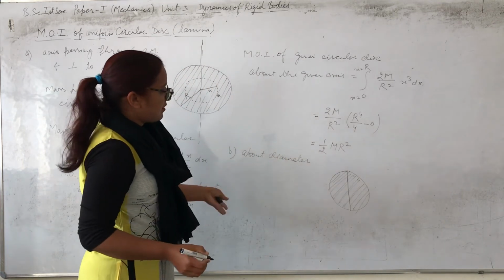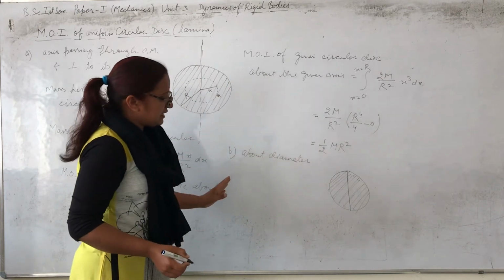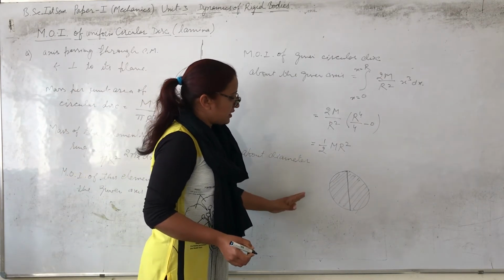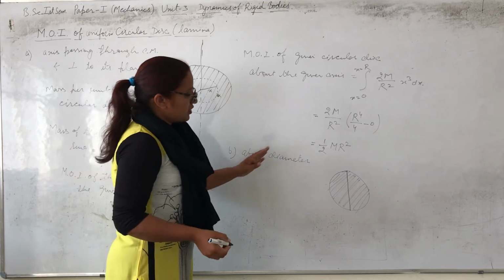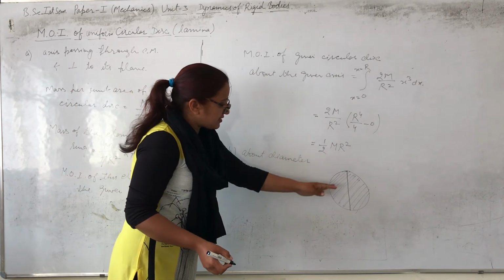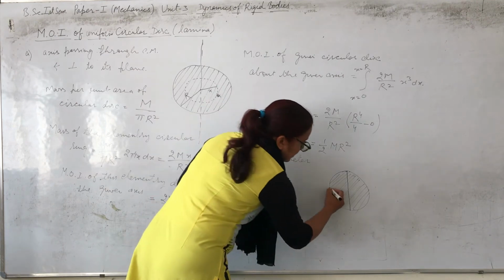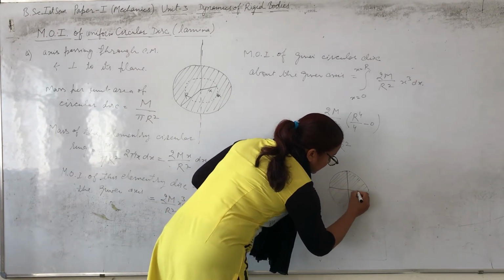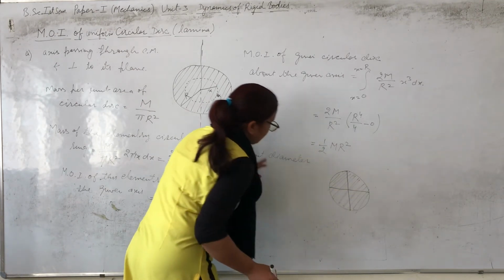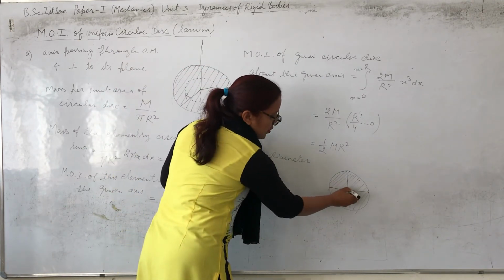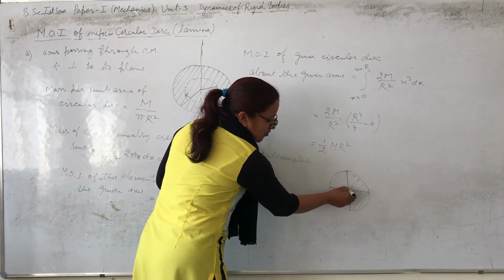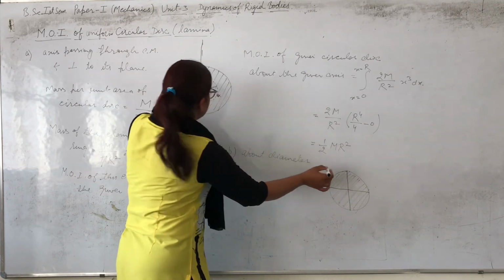As we have previously done in the previous article, we will make use of the theorem of perpendicular axis here. This axis also represents a diameter, and we have calculated the moment of inertia about an axis passing through the center of mass and perpendicular to the plane.